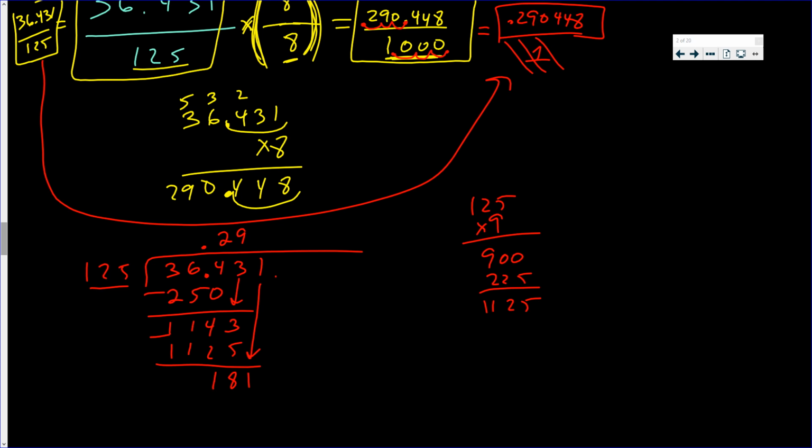Okay, apparently I have some mistake up here. 8 times 1 is 8. 8 times 3 is 24 carried to 2. 8 times 4 is 32 plus 2 more is 34 carried to 3. 8 times 6 is 48. So let me just get rid of this, please. 8 times 6 is 48 plus 3 more is 51.